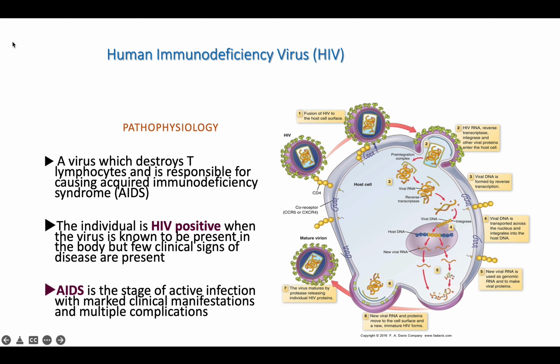Okay, so this window period can be very deceiving in that the patient is actually HIV positive, the virus is replicating in the body, they can transmit it to others, but they wouldn't necessarily know they have it because they have very few, if any, signs of the disease. HIV can progress to AIDS, and AIDS is known as the end stage of this infection.